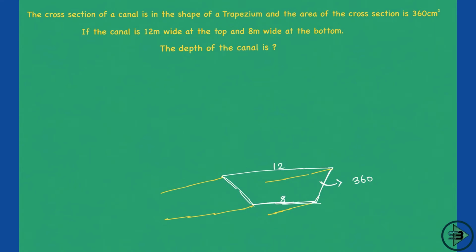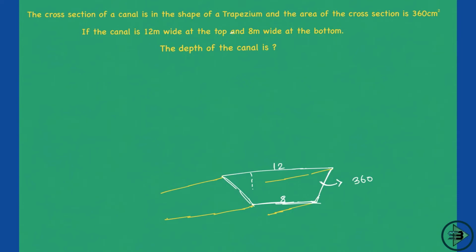Okay, which means I'll have to find the depth of the canal, which is, cross section area is this. Okay, let me just see what first I can find out as height, right? The depth of the canal is nothing but the height that is being related to this.